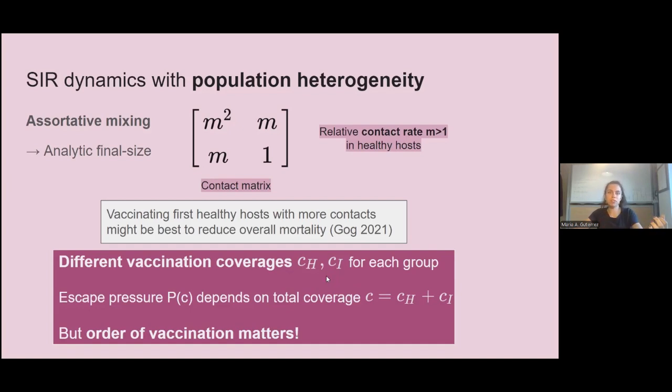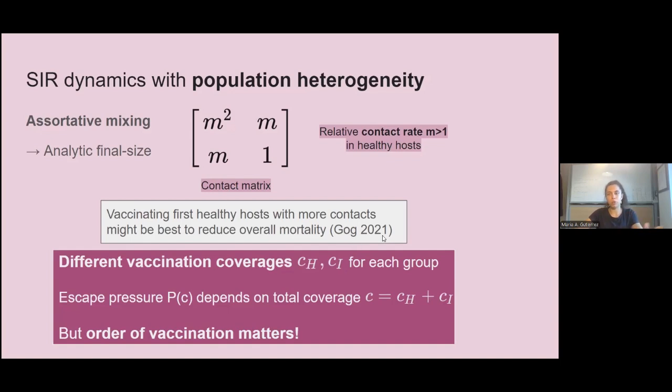And the motivation for starting with the healthy host is that for some models and in some situations, it actually makes more sense, to reduce overall mortality, to just focus on the hosts with a lot of contacts. If they're driving a lot of the transmission, that might actually be the most effective, even to protect the vulnerable.